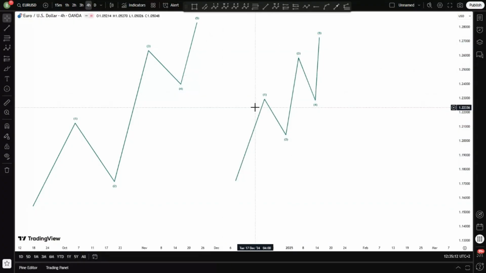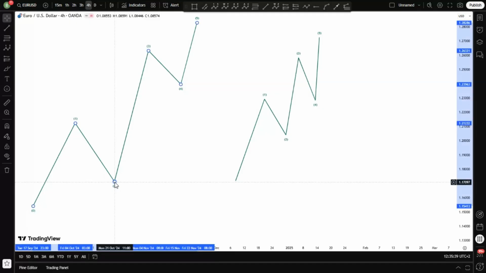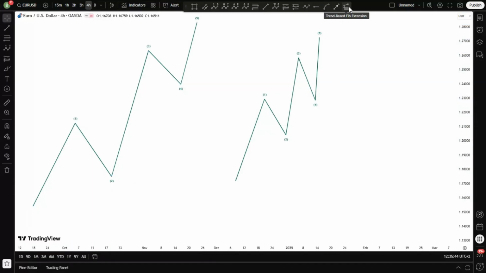On the Elliott wave theory, we use two tools that help us to anticipate how long wave 2 will retrace, and we use Fibonacci extension tools to anticipate how a wave will extend.